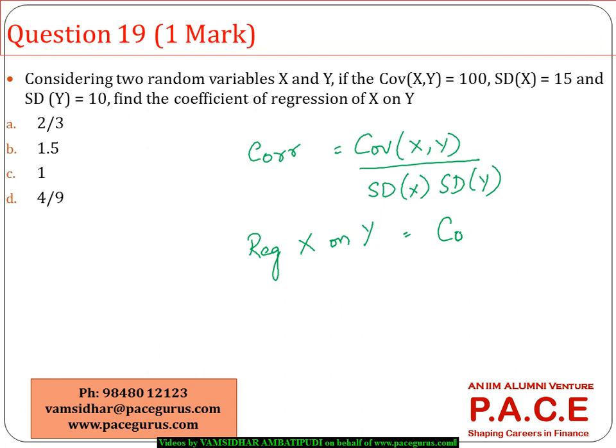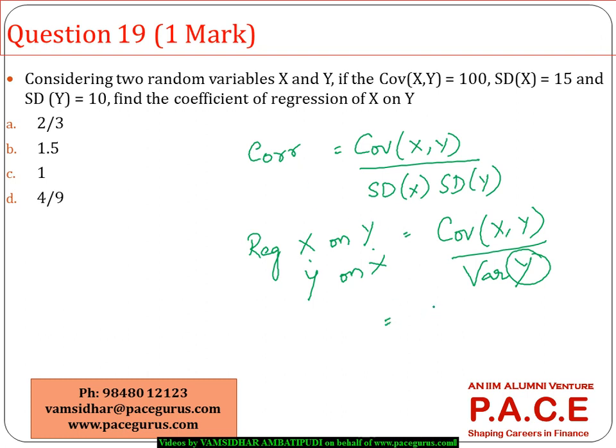So this comes out as covariance of x comma y divided by variance of y. That is what if I say x on y. Whereas if the question is y on x, here instead of y I would have written it as x. So whatever is on, that variable will come in the denominator here.